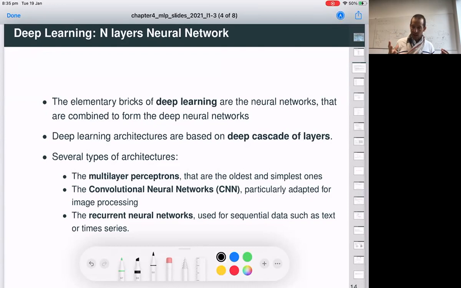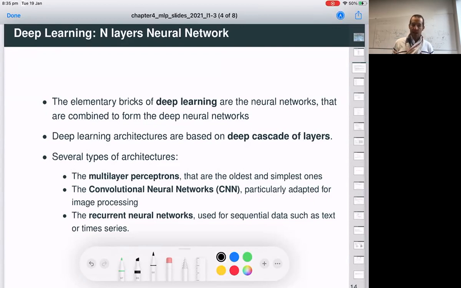But there are different kinds of architecture, sometimes simple, sometimes sophisticated, depending on the task you want to achieve. So today we will concentrate on the multi-layer perceptron, which is the oldest and the simplest one.